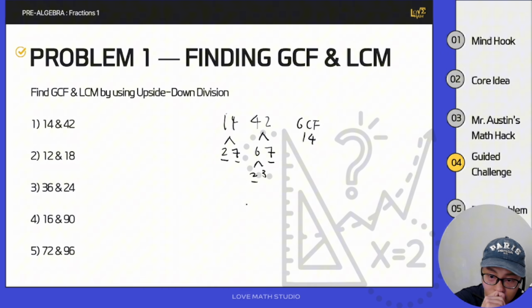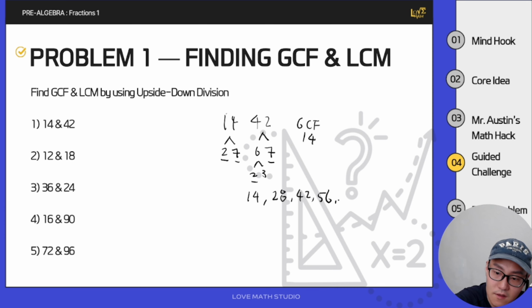How about the least common multiple? Multiples of 14 are 14, 28, 42, 56, 70, 84. Just multiples of 14.